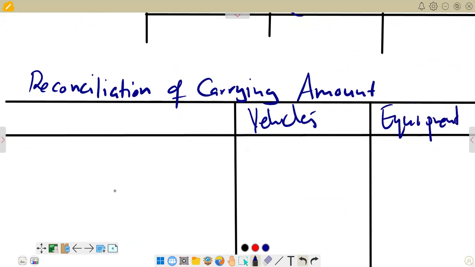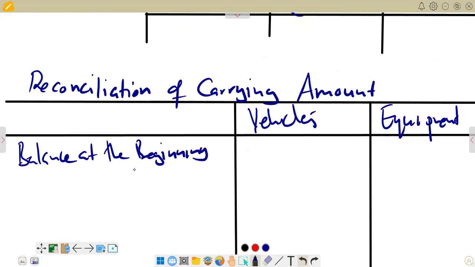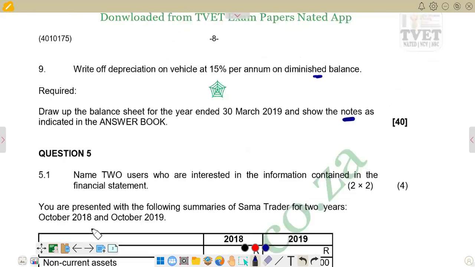So what we are going to do is start with the balance at the beginning. Remember this is a carrying value, so we are using carrying value figures. Remember, we find carrying value by saying cost minus depreciation. So we are going to find the carrying value at the beginning. Carrying value at the beginning, we always find it in the question. Let's try to see.